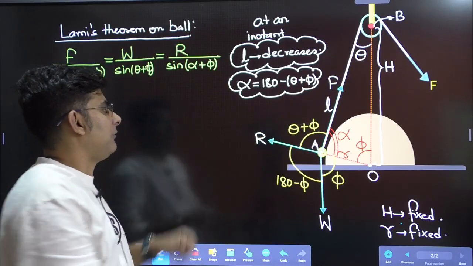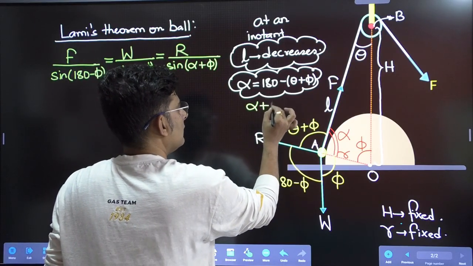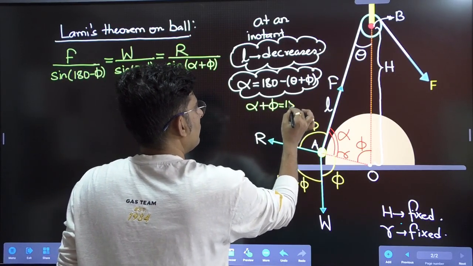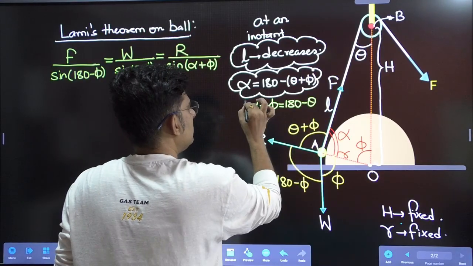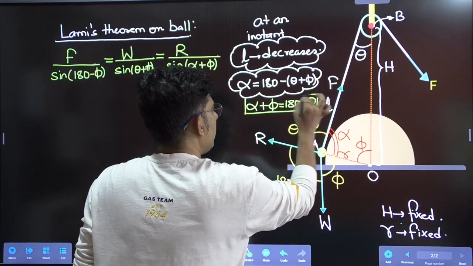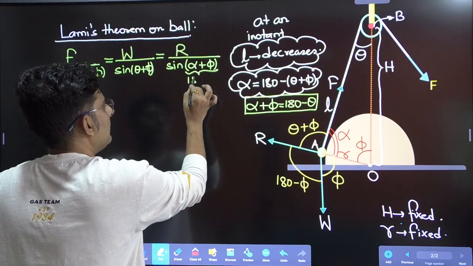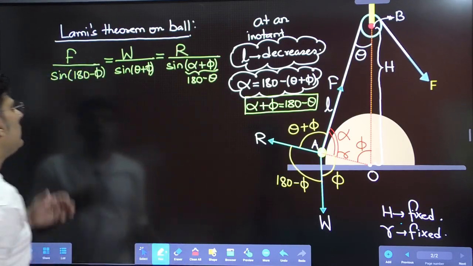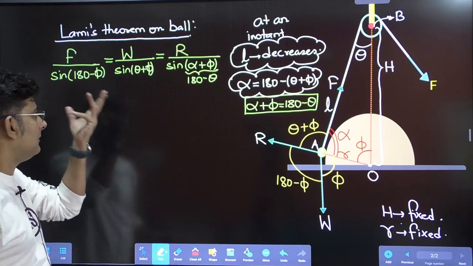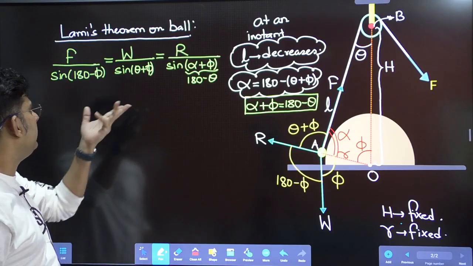So alpha plus phi from here will simply become 180 minus theta. Alpha plus phi is how much? 180 plus 180 minus theta. Now knowing very well, sine 180 minus theta is sine theta only.